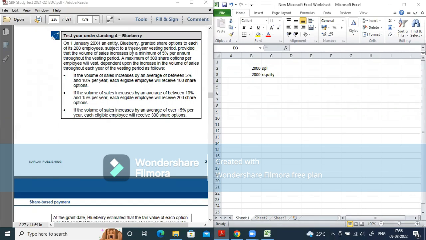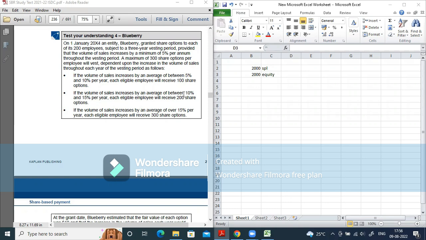So here they mentioned that in order to vest these particular share options, there should be a minimum increase of 5% per annum, and a maximum of 300 share options per employee will vest depending upon the increase in sales. If sales are increasing by 5 to 10% per year, each employee will receive 100 share options. Similarly, if sales increase between 10 to 15%, each employee will receive 200 share options.